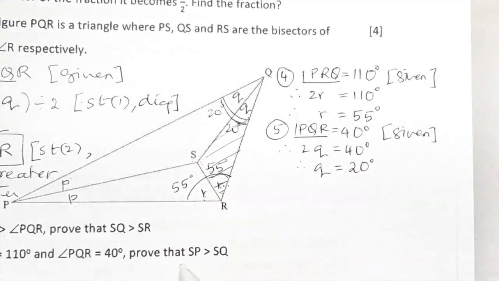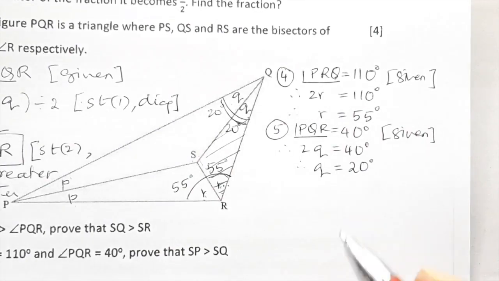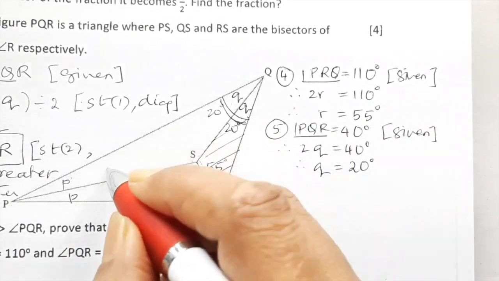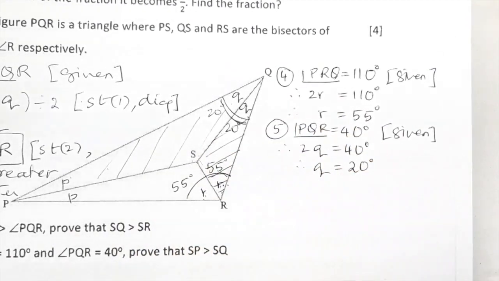Now they are telling you prove that SP is greater than SQ. Now SP is greater than SQ means now we have to take this triangle.